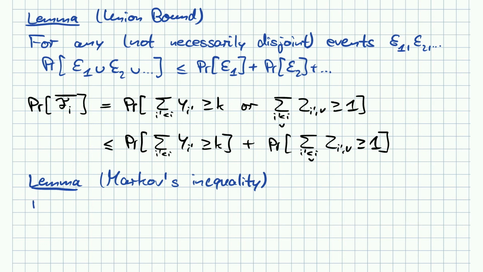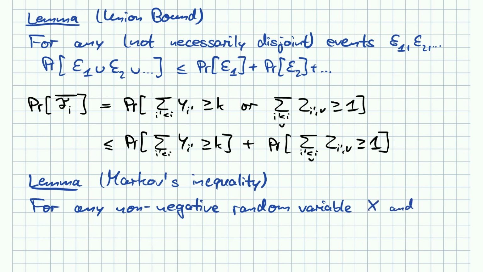It says that for any non-negative random variable x, and any alpha strictly greater than 0, the probability that x is at least alpha is at most the expectation of x divided by alpha.